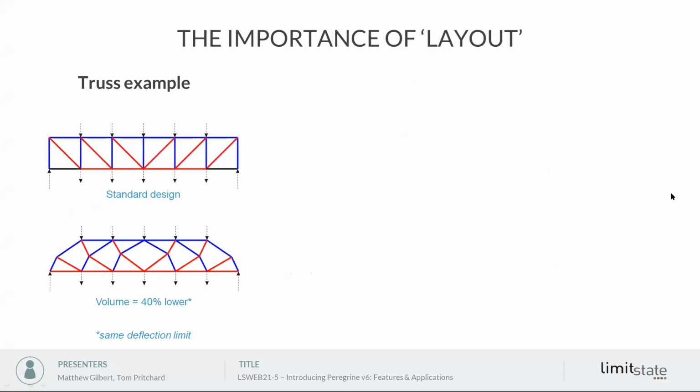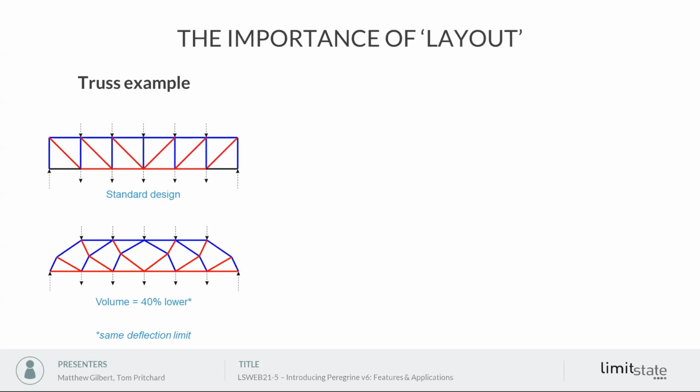And in particular, for a number of years now, we've been focusing on layout optimization, and this is something that's perhaps less widely understood than some other forms of optimization, such as size optimization, but layout can be really, really important.